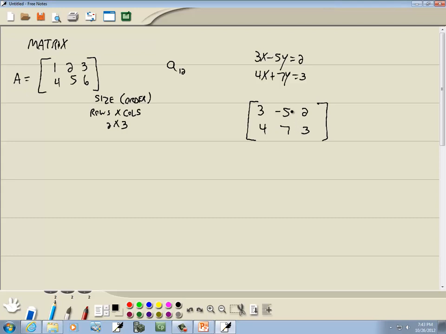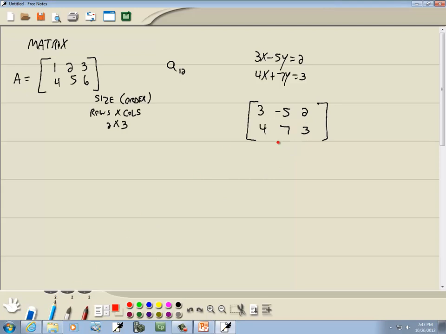Now this is the form I like, but some books will put extra lines like that, which separate where the equals is. Some books will draw a line all the way down like that. I don't really care what you do in that regard.